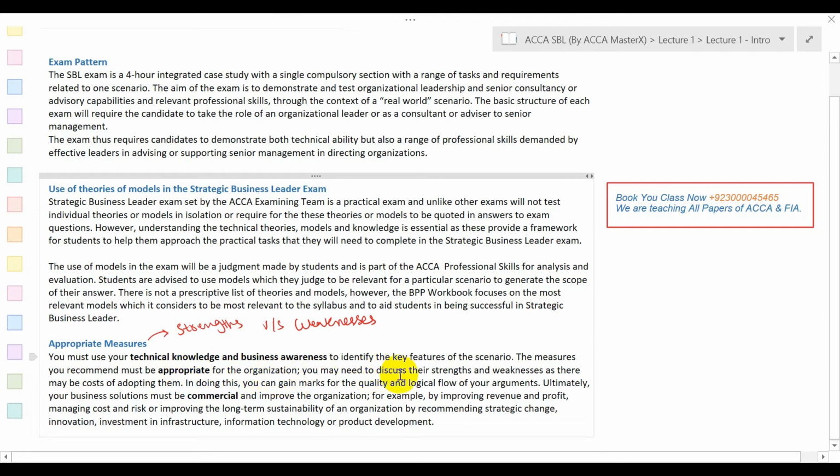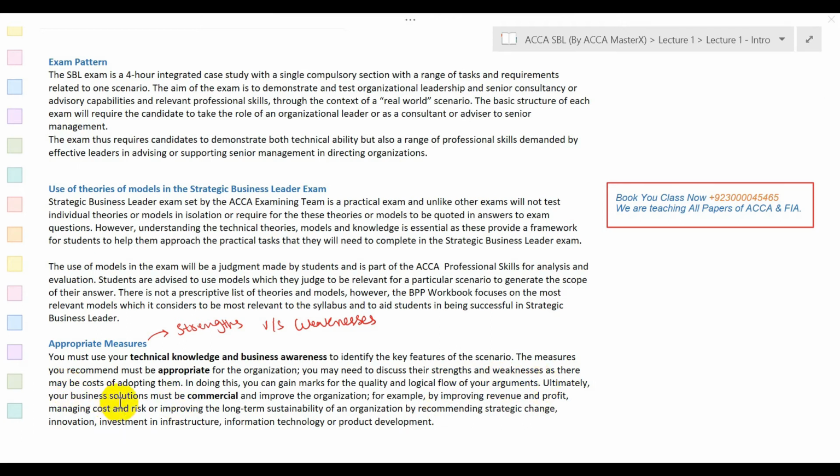You may need to discuss their strengths and weaknesses as there may be a cost of adopting them. In doing this, you can gain marks for quality and logical flow of your arguments. These strengths and weaknesses will support your arguments.